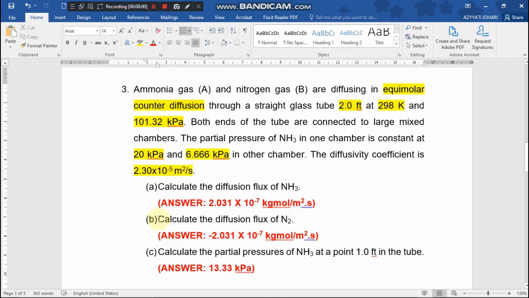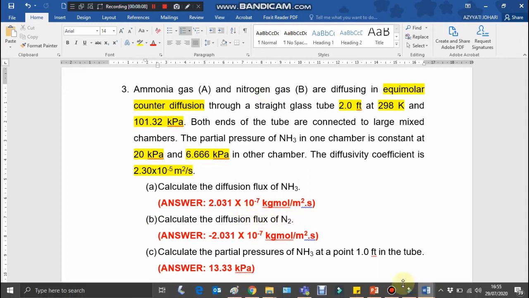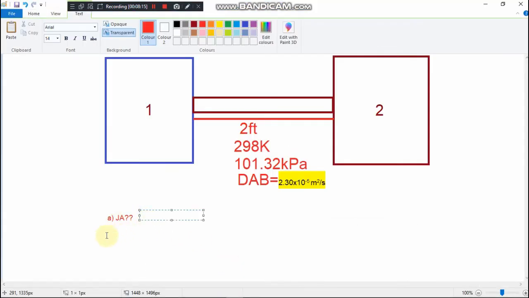For question B, calculate the flux for N2. Flux is also J, but it is for JB. We know the fundamental of the diffusion process for equimolar counter diffusion, the rule of thumb, is JA is equal to minus JB.